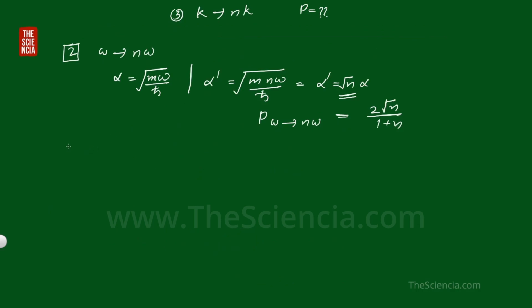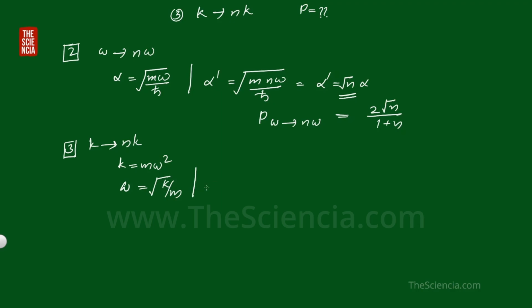Now let us consider the third one, that is, k changing to nk. The potential function will change and we have to find the probability of finding the particle in the new ground state. We know k is equal to m omega square. Therefore, we can write omega is equal to root k by m.